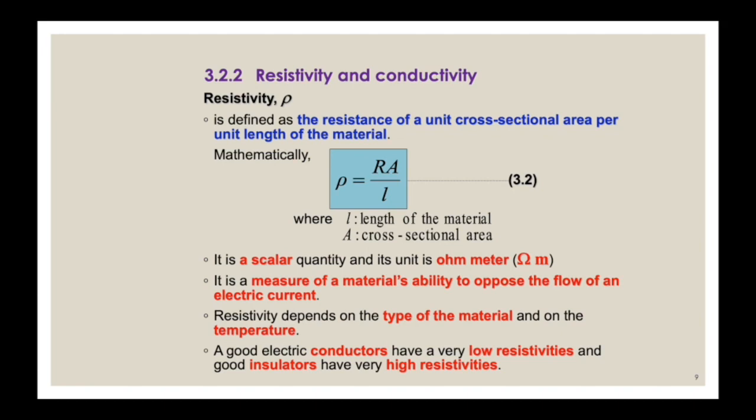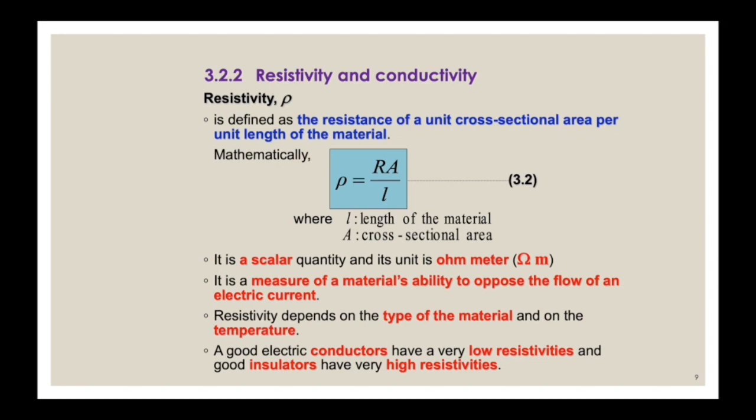Resistivity is a measure of a material's ability to oppose the flow of an electric current. It depends on the type of material and temperature. So please remember that resistance only depends on the temperature, but resistivity depends on the temperature and the type of material the wire is made from.